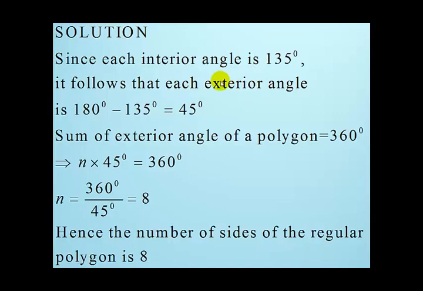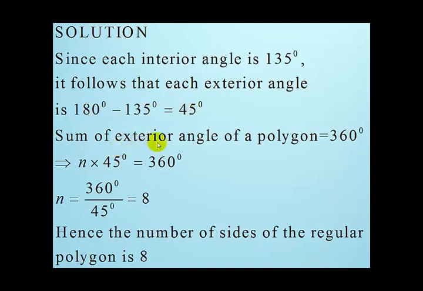Also, the sum of an adjacent angle to an angle is equal to 180. So if the interior angle has been given to be 135, then if you want the exterior angle, it will be 180 degrees minus 135 degrees, and this is equal to 45 degrees. So each exterior angle is now 45 degrees.